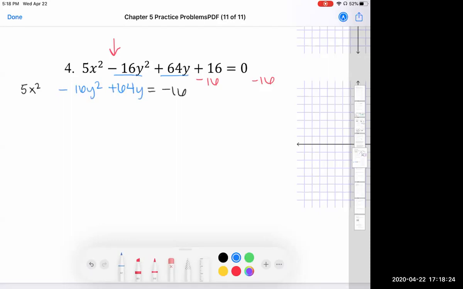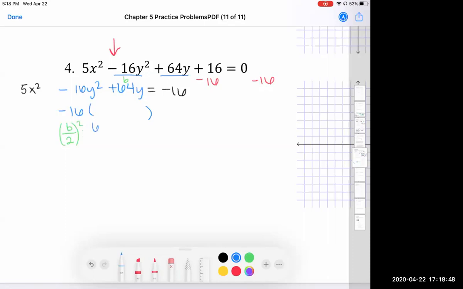All right, let's go ahead and complete the square. So I want to factor that negative 16 so we can work with the completing the square portion. So our b is 64, and we have b over 2 squared as our formula. Okay, let's go ahead and work that out.